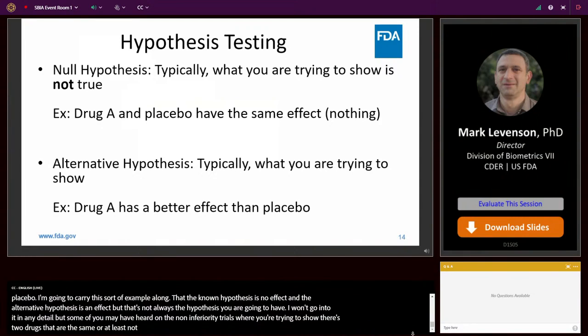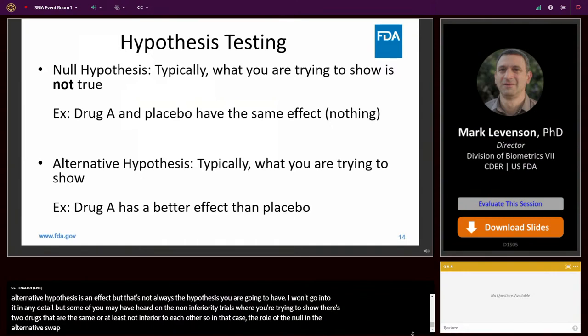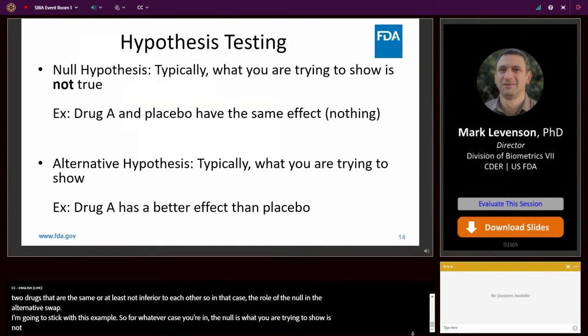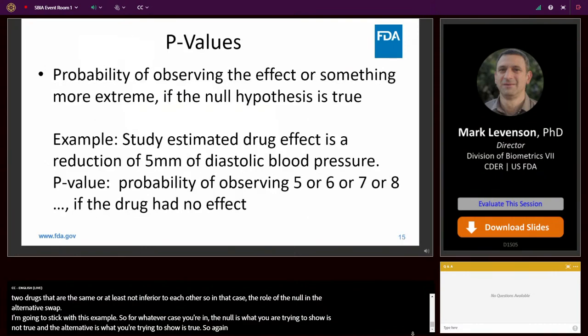So in that case, the role of the null and the alternative swap. But I'm going to stick with this example. But whatever case you're in, the null is what you're trying to show is not true, and the alternative is what you're trying to show is true. And so again, the terminology is perhaps a little confusing. Okay, it's actually going to get a little worse with p-values.